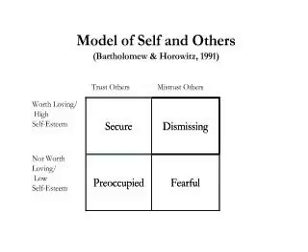So Bartholomew and Horowitz took that a little bit step further, and they actually changed the type of attachment for adults to more fit into the model of self and others.